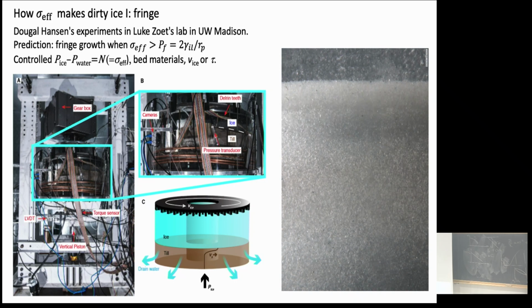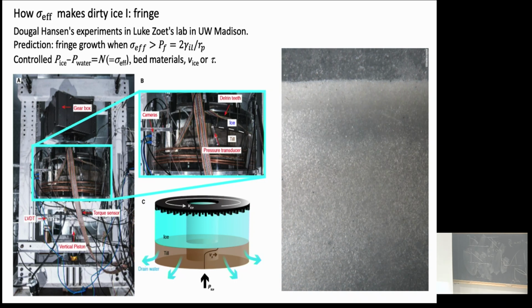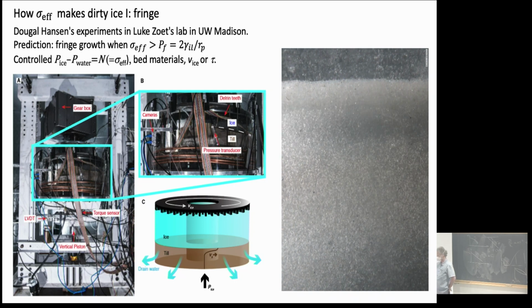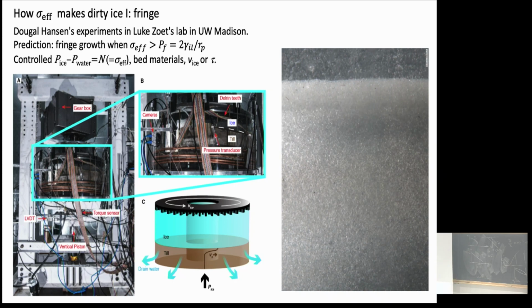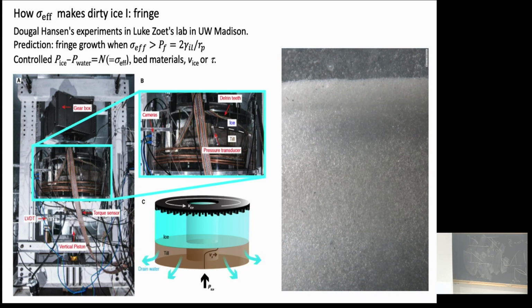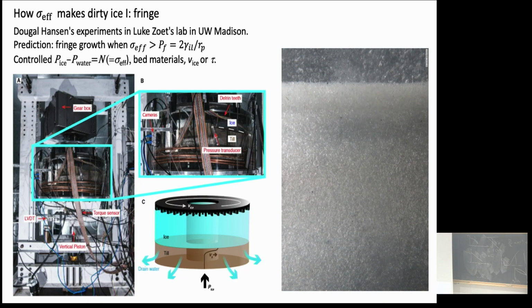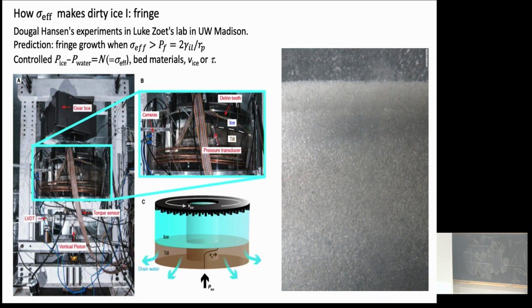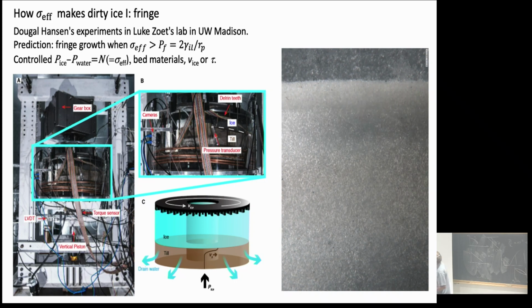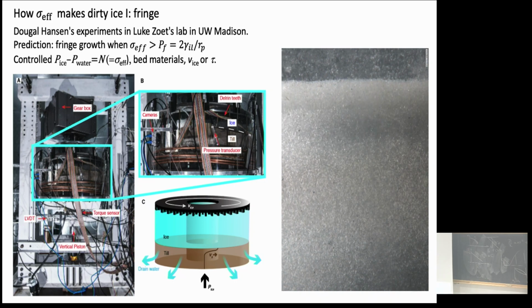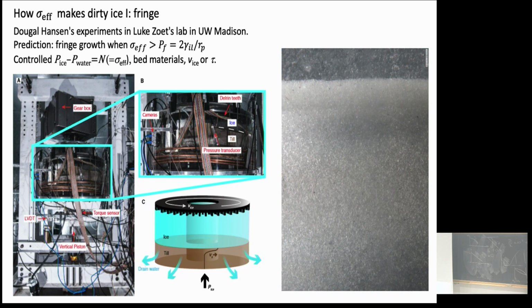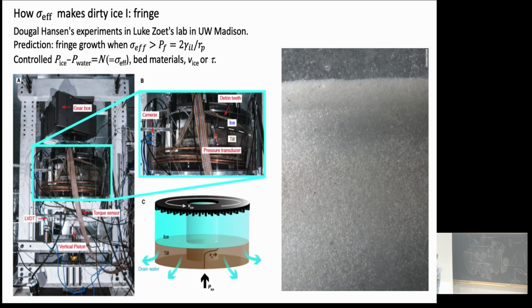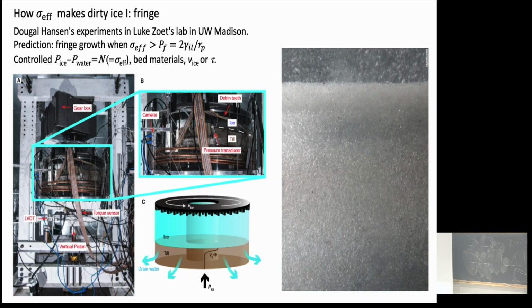Now, it turns out when you excavate this material after an experiment, often there are little mushy bits that are left behind down here, which could be broken-off fringe. But it's difficult. It takes some time to actually lift this material out, and there's some uncertainty about what exactly you're looking at.